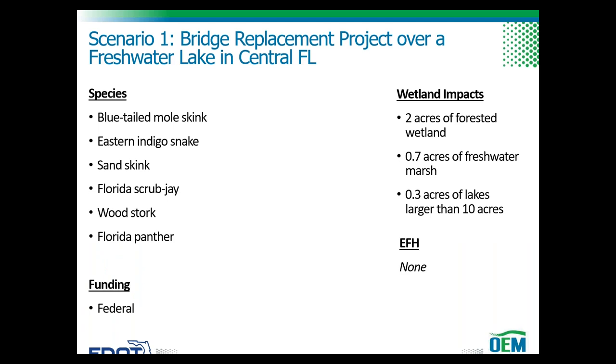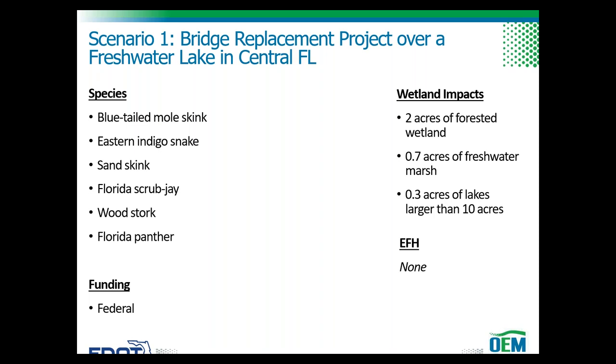So now we're going to work through a few examples. These are not going to appear as poll questions, but we'll give you a scenario and you can have some opportunity to think about it, and then we will walk through the answers together. The first example is for a figurative bridge replacement project in Central Florida.